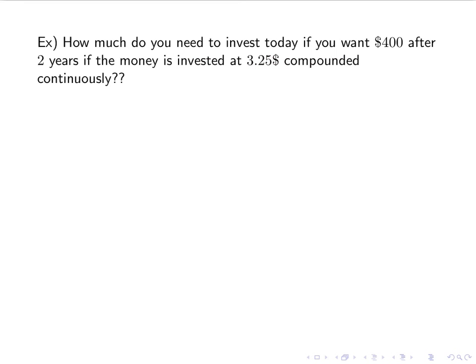How much do you need to invest today if you want $400 after 2 years, if the money is invested at 3.25%, compounded continuously? So how much do you need to invest today? That's the present amount. That's what you're looking for. You want $400 at the end. That's the future amount.